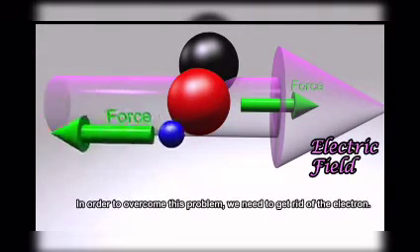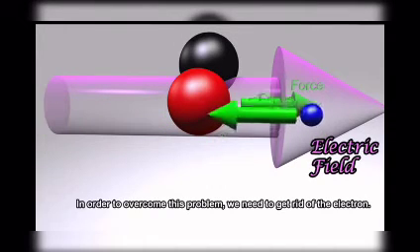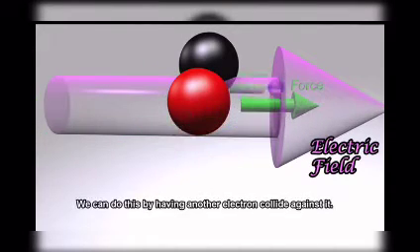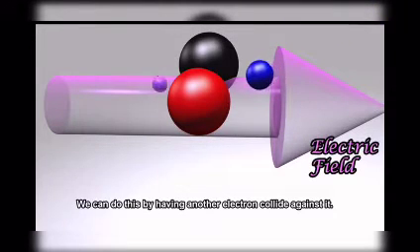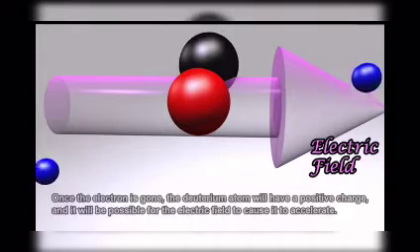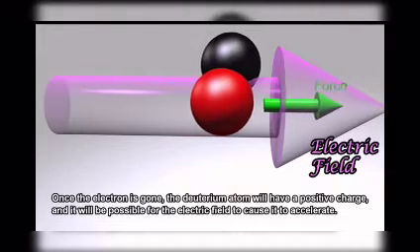In order to overcome this problem, we need to get rid of the electron. We can do this by having another electron collide against it. Once the electron is gone, the deuterium atom will have a positive charge, and it will be possible for the electric field to cause it to accelerate.